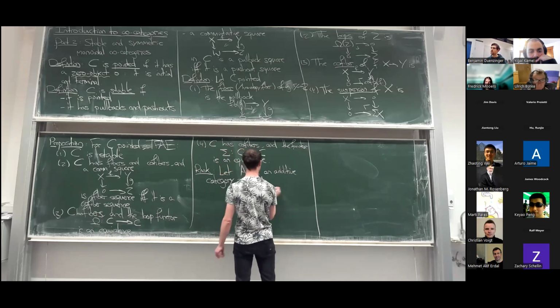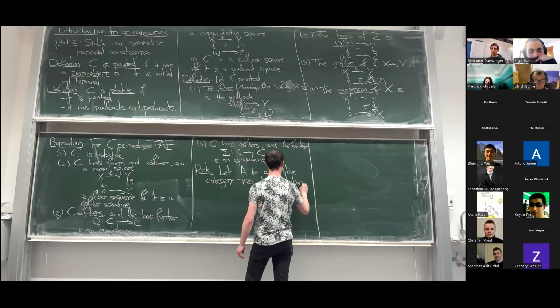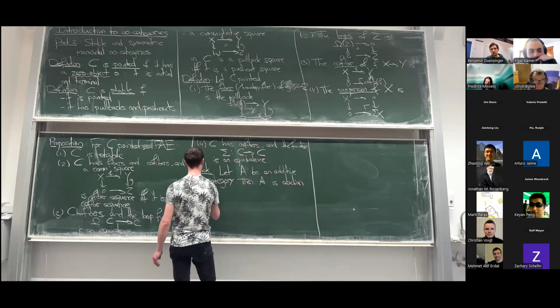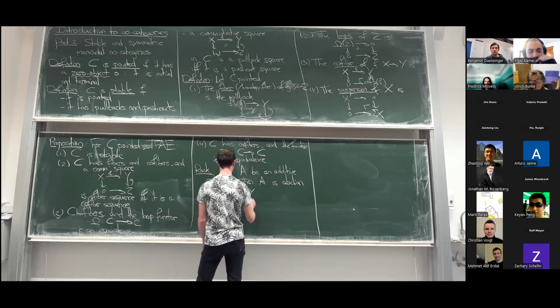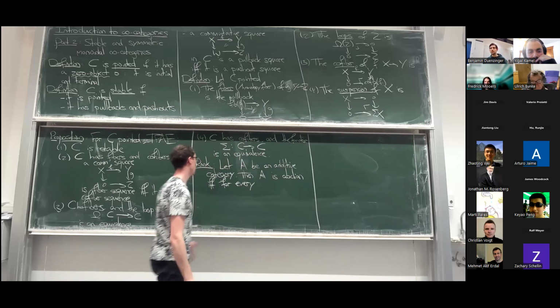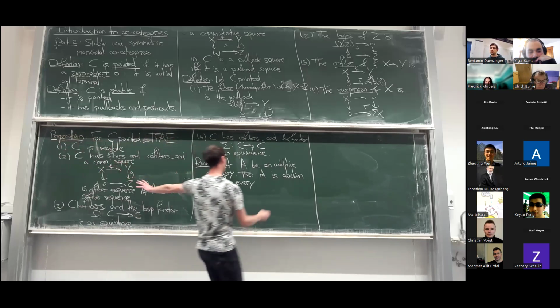So what does it mean for A to be abelian? Let me rewrite the condition of A being abelian in a way which very much resembles the second condition over here.